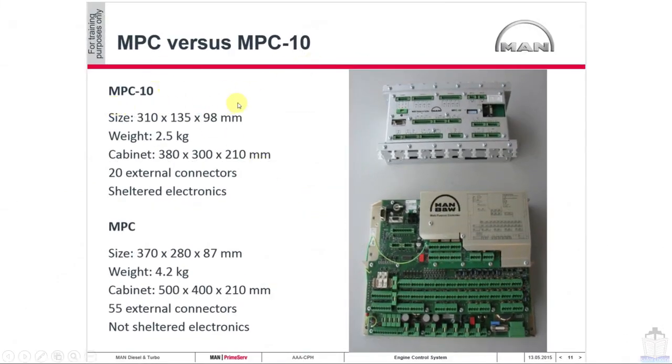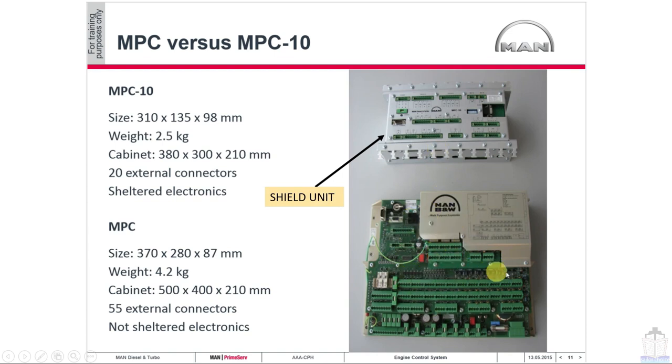So, here I have summarized some differences. MPC 10 size is this much, weight is 2.5, cabinet is this much. Cabinet means the box in which this MPC 10 can be accommodated. It has 20 external connectors. It has shielded electronics. Shielded electronics means this unit is basically sealed with metal plates, you can see over here, whereas this unit is not sealed.